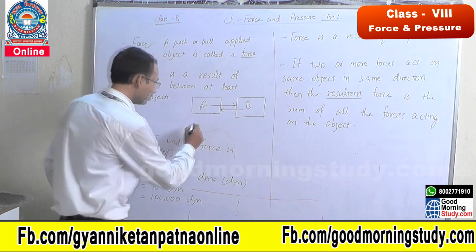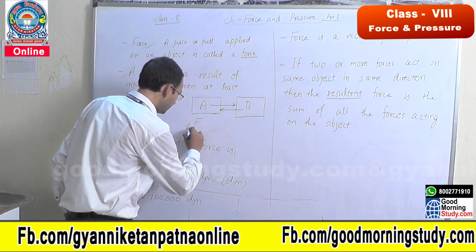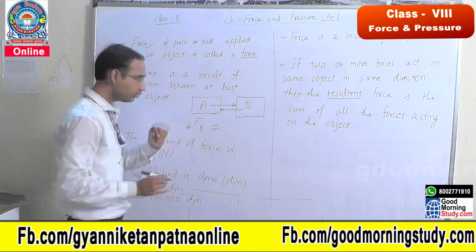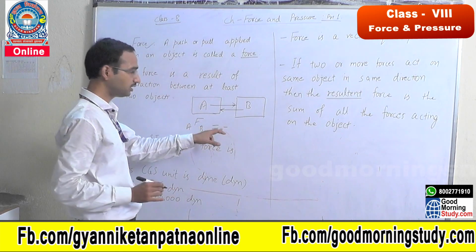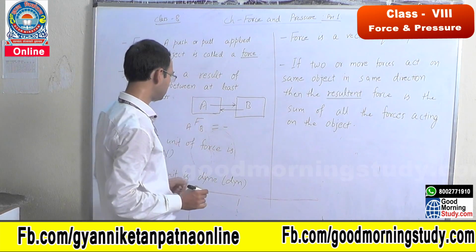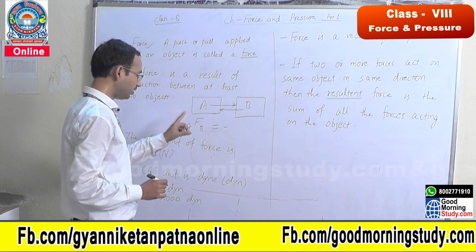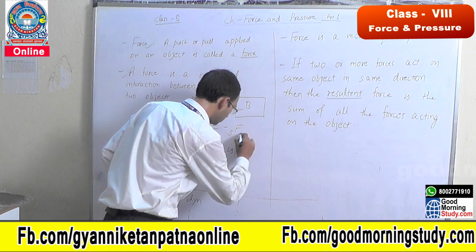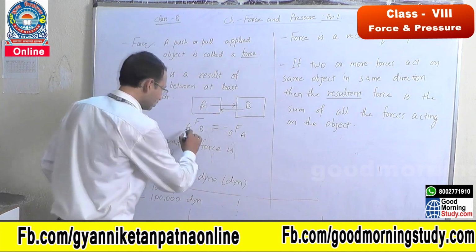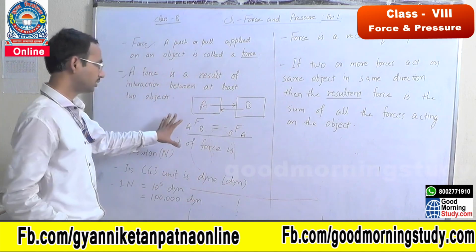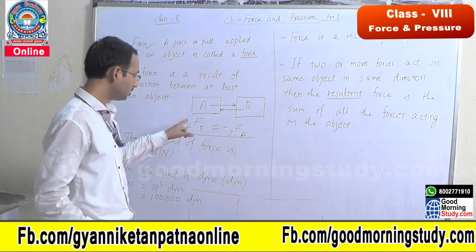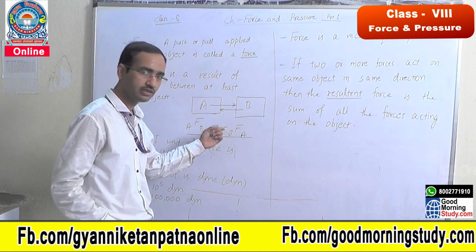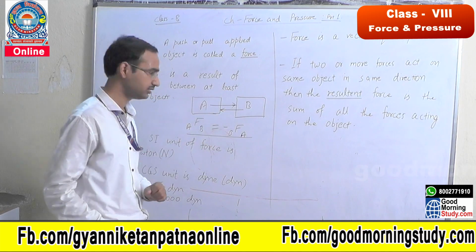So we can write: force applied by A on B will be equal to minus, here the negative sign shows the opposite direction, the force applied by object B on A. So both the forces are equal in magnitude but opposite in direction.